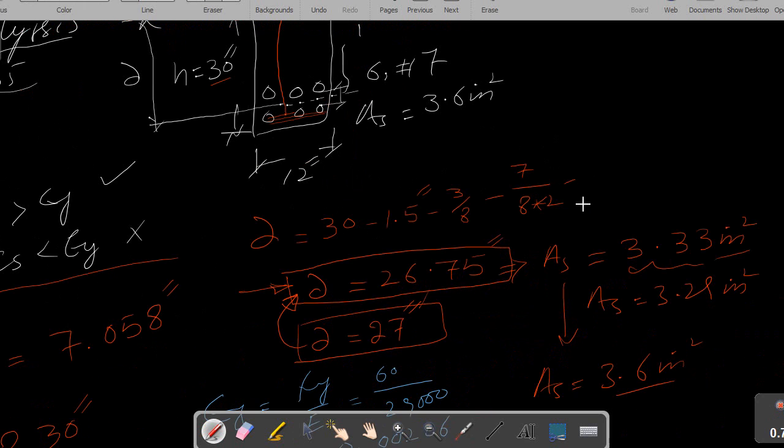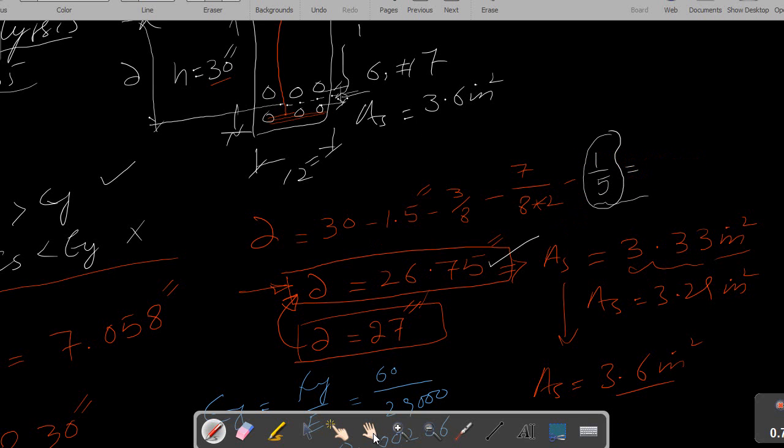I forgot this point, sorry for this mistake. Remember this half distance, because the vertical distance between the top and bottom layer is 1 inch. That's why we have to subtract that half distance, and if you subtract it, you get this value. So please make this correction. This is important.